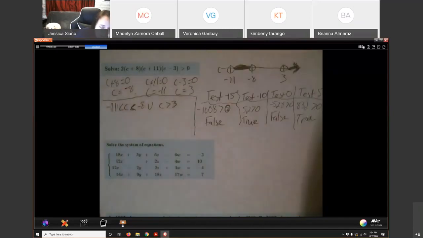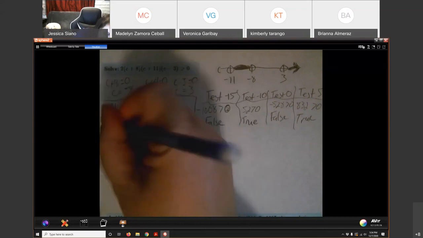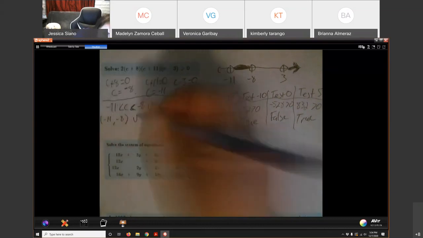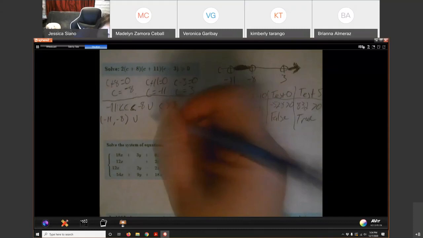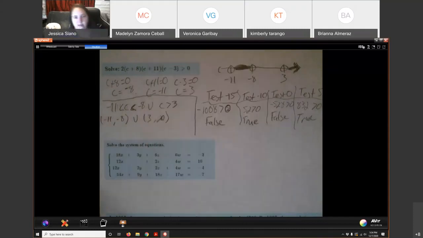If they want interval notation, then you would say -11 to -8, and 3 to infinity.